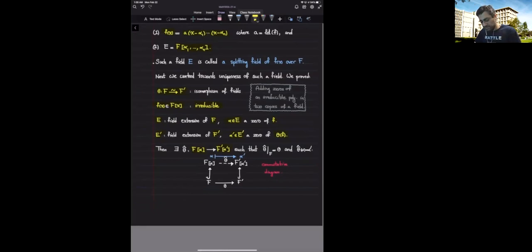And this isomorphism, when I restrict it to F, I will end up getting the same isomorphism as before. So the F portion goes to the F prime portion, and it's done through the isomorphism theta, and alpha is sent to alpha prime.